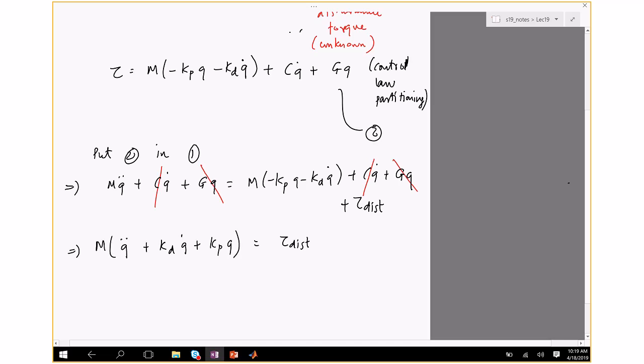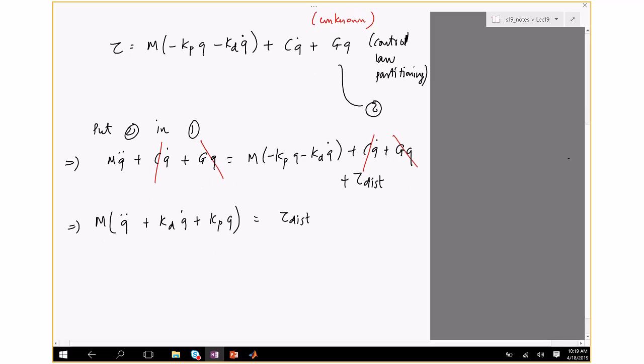So what's going to happen is when I simulate the system and I'm trying to achieve a certain set point, in this case the set point is 0 because in my KP term I have q minus 0.